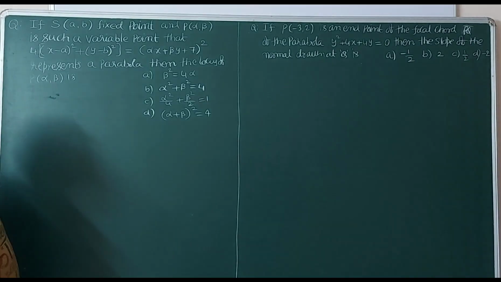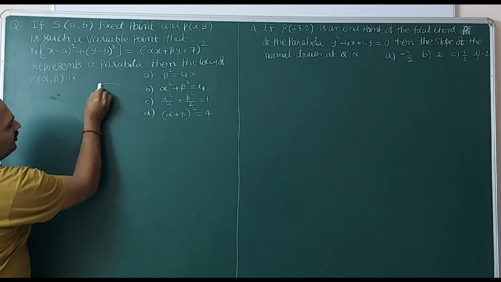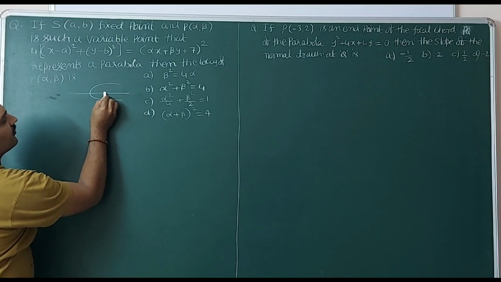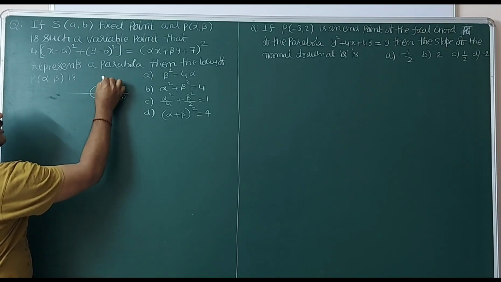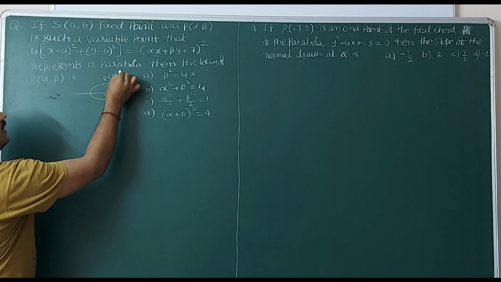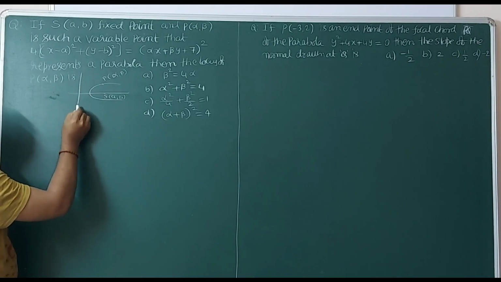A fixed point in a parabola means the focus. So the rough figure: S of a b, variable point P of alpha comma beta, and this is the directrix, L is equal to 0.